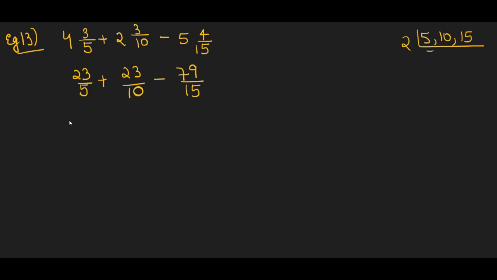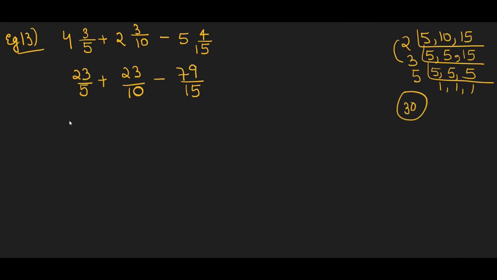So 2 5s are 10, 15. Now 3 5s are 15. Now 5. So 2 3s are 6, 6 5s are 30. So 30 is the LCM.